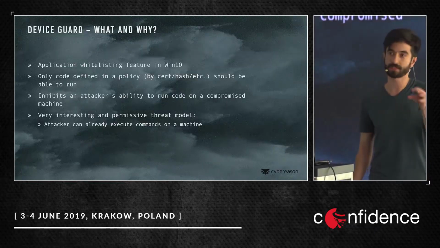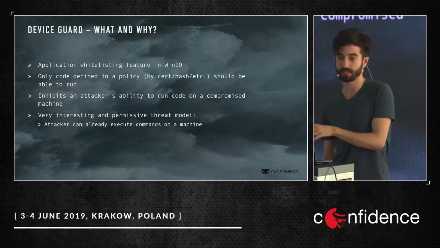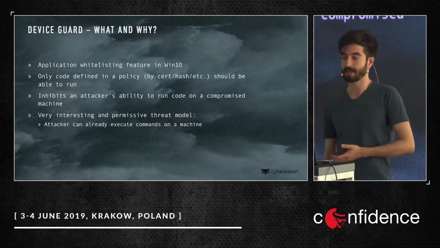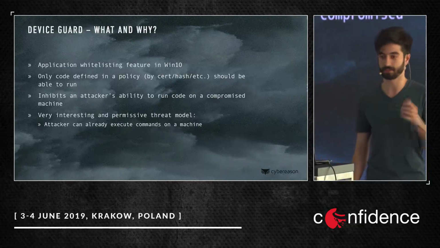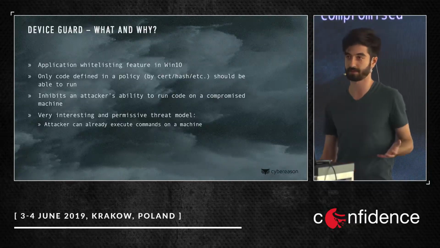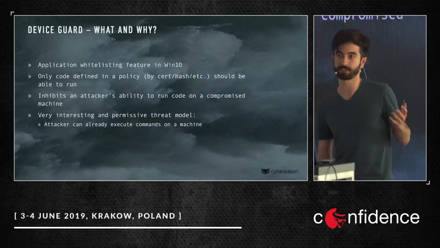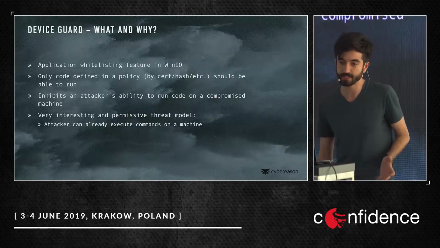Only this kind of allowed code that's explicitly mentioned in a policy could run on a machine. This type of feature inhibits an attacker's ability to run arbitrary code on a compromised machine, meaning that even if you are compromised, you still can't do anything you want on the machine.